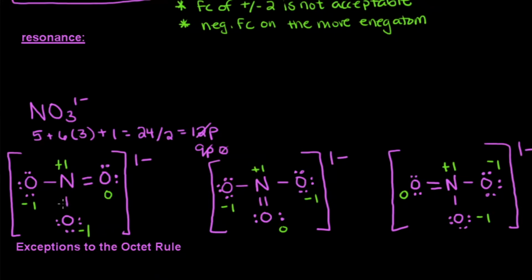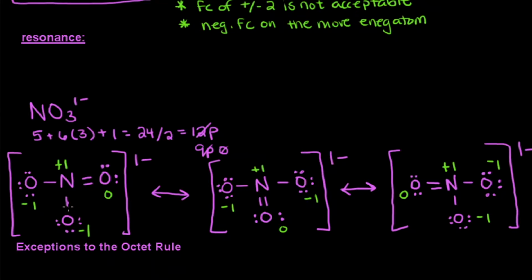And because I can't show a dynamic system with this static drawing, I have to draw all 3 options. And I draw arrows in between them to indicate the dynamic nature of that bond and the fact that it's distributed over 3 locations. So in fact, if I look at this molecule at the molecular level, all 3 bonds are the same bond length.